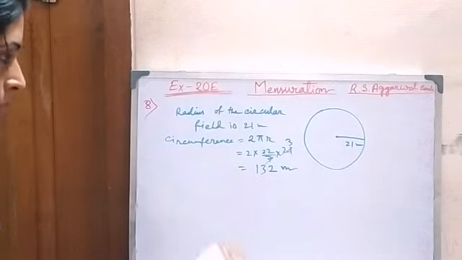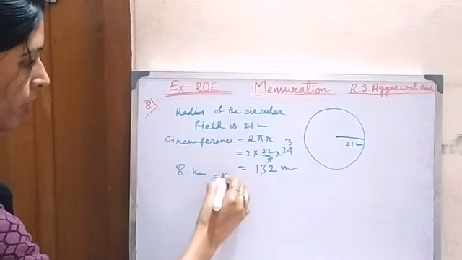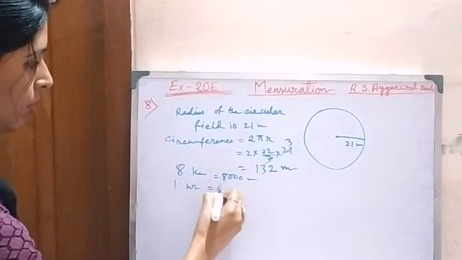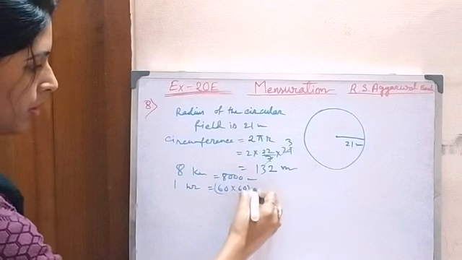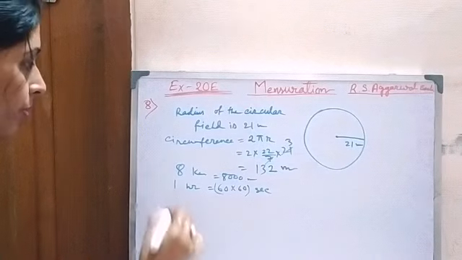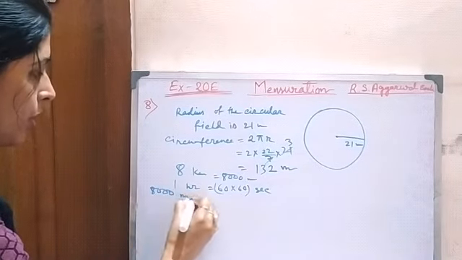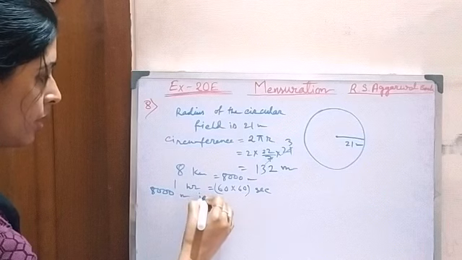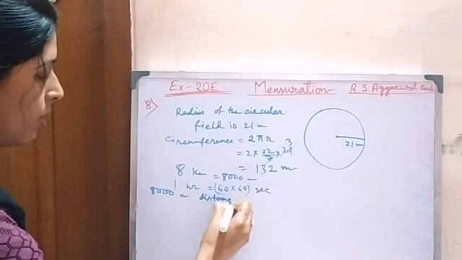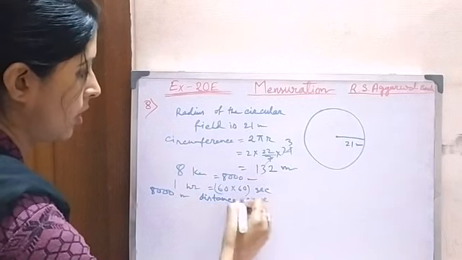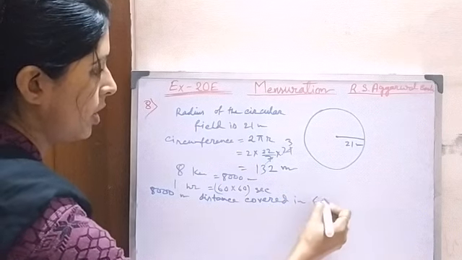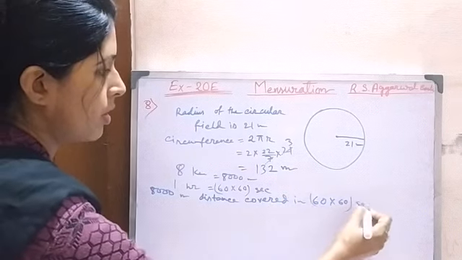Then here speed is given. So 8 km equal to 8000 meter and 1 hour equal to 60 into 60, that means this is seconds. So I use this to find out the timing. 8000 meter distance is covered in 60 into 60 seconds.